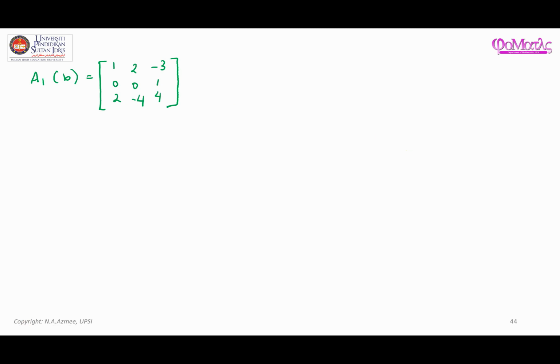Our next job is to find the determinant of this new matrix, and you can see that the easiest way is by second row expansion.